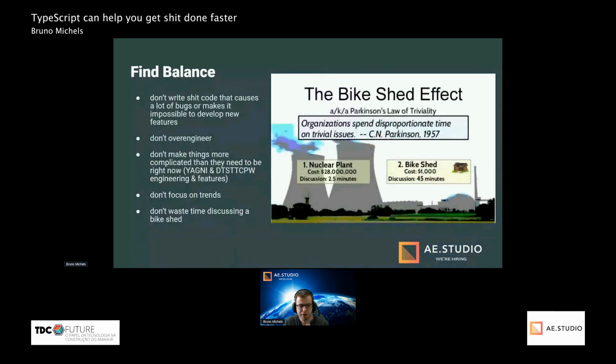And one last thing is, find balance. There's this bike shed effect. Basically, you have a nuclear plant that costs $28 million, and then you have a bike shed that costs $1,000. Sometimes you're going to have discussions that take 45 minutes and they don't matter because it's just $1,000.